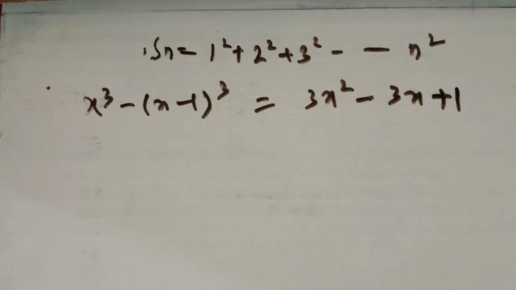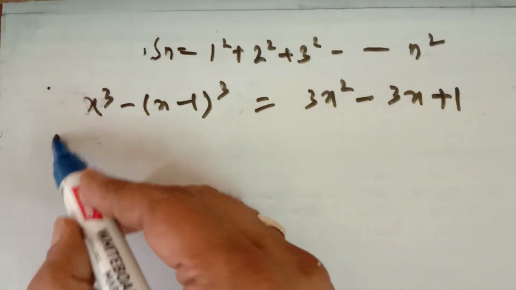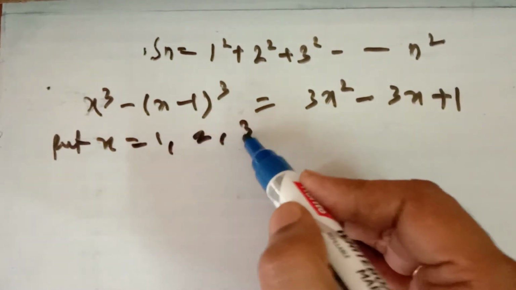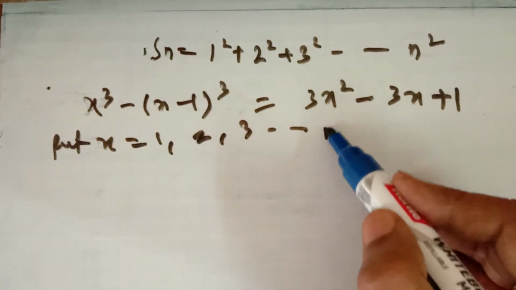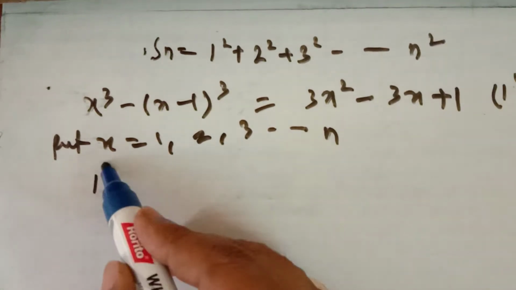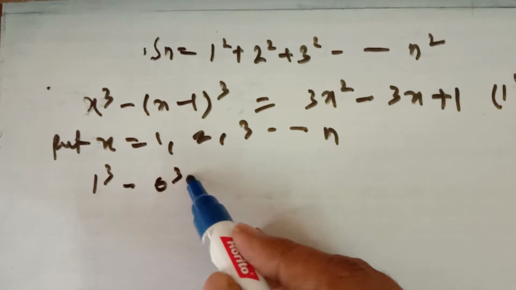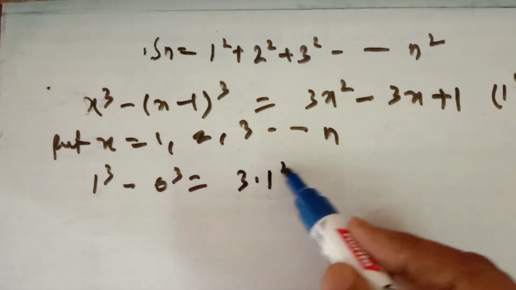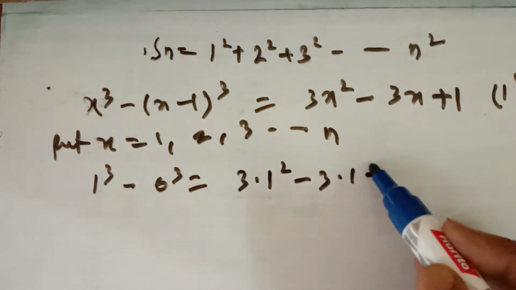We know this identity. Now if you put the value of x as 1, then 2, then 3, up to n in this statement, you will get 1 cube minus 0 cube is equal to 3 into 1 square minus 3 into 1 plus 1.